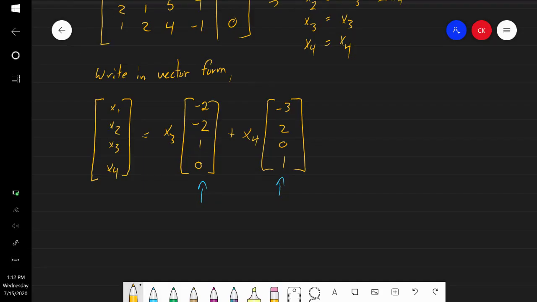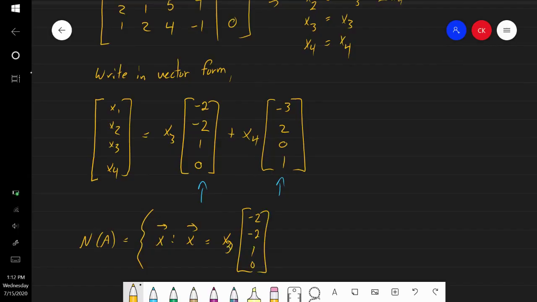So we can then describe our null space in the following way. So it's the set of all vectors x such that x is equal to x3 times our vector (minus 2, minus 1, 1, 0).